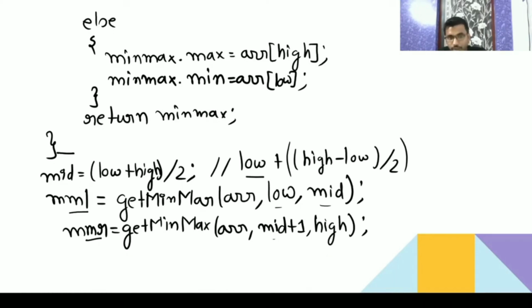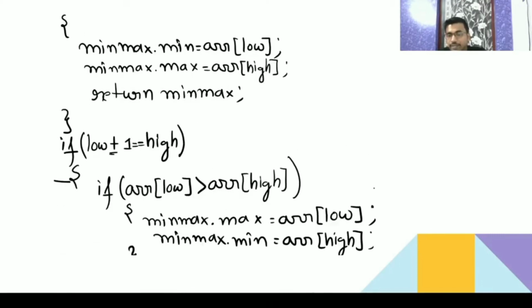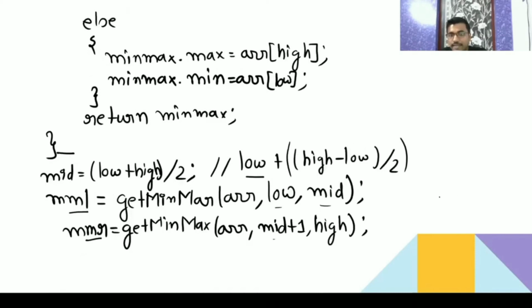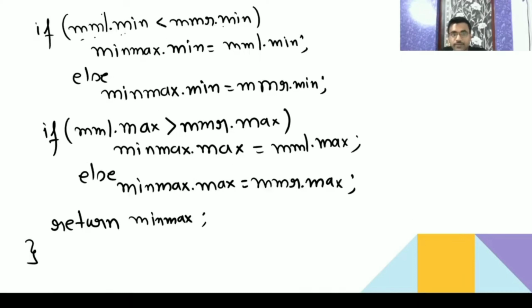Now you are going to call this get min max on the first half. If the size of the array was n, then the time complexity is T(n). When the size reduces to n by 2, it will take T(n/2). Then the second half will also take T(n/2). And all these other things take constant time.